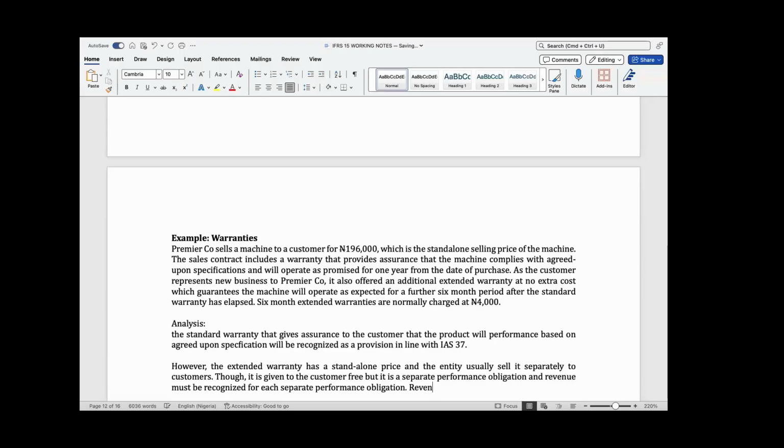So the amount received, how much was the amount received? 196,000 will be allocated to each performance obligation based on their standalone selling prices.